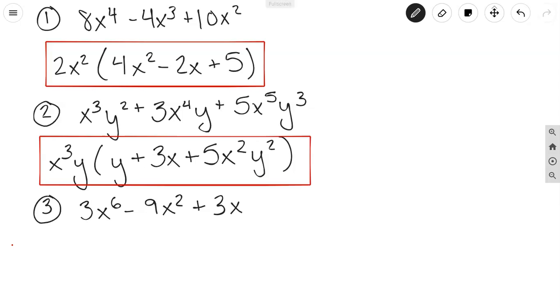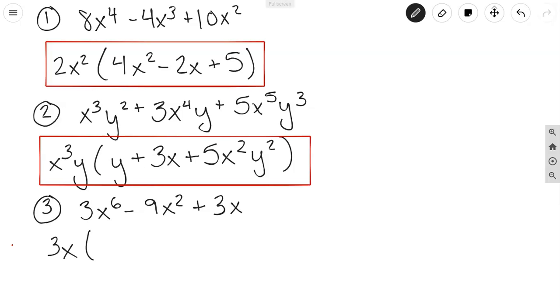Look at all the number parts. I have a 3, a 9, and a 3. The biggest number that can go into all three of those is 3. Now, x^6, x^2, x, they all have an x. At least one x, so I put an x. I can only take out one because this only has 1 here.